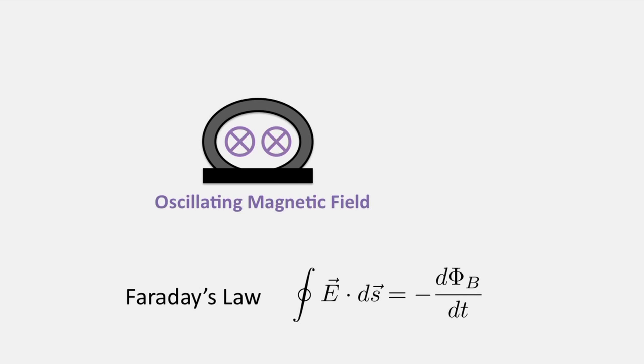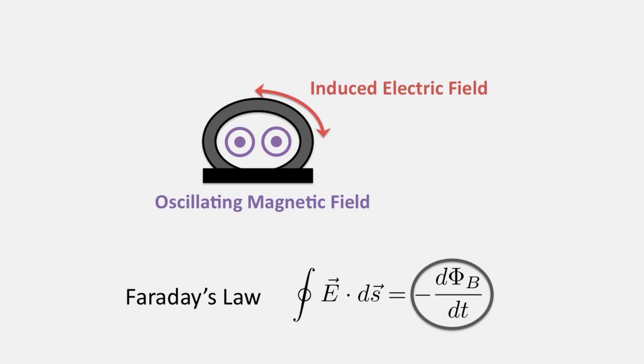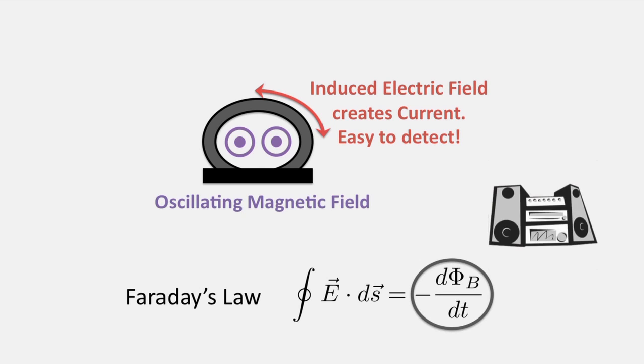Faraday's law states that changes in the magnetic flux will induce an electric field. As the electromagnetic wave passes through the antenna, the electric field in the loop will generate a current, which is easy to detect. We can plug this antenna into our stereo and, properly processed, hear the sound that comes out.